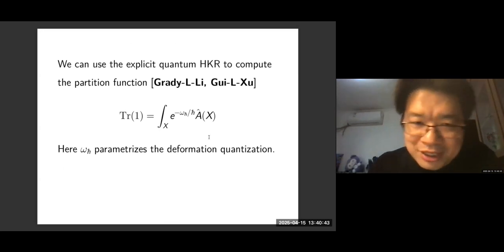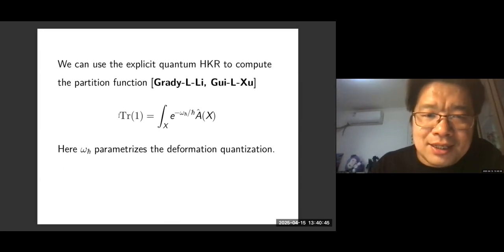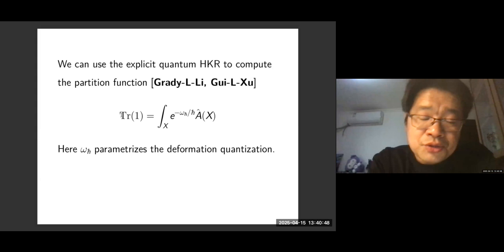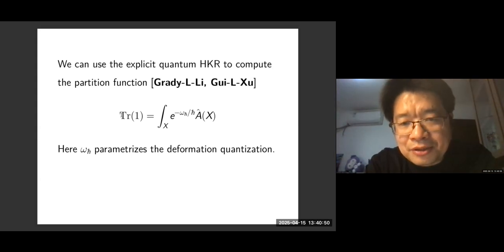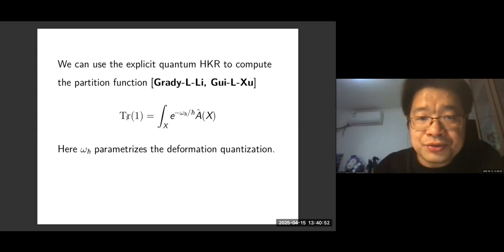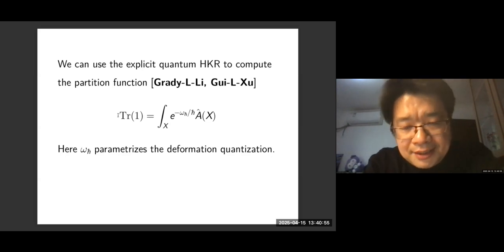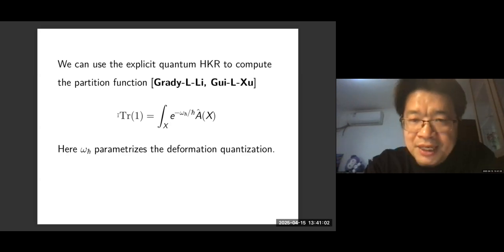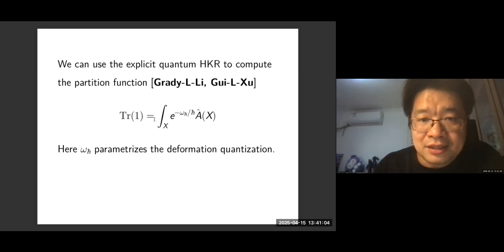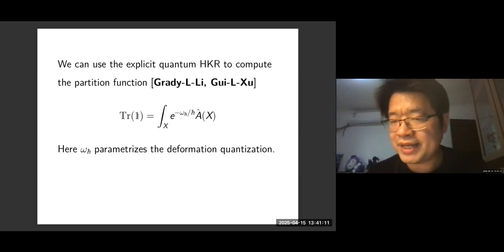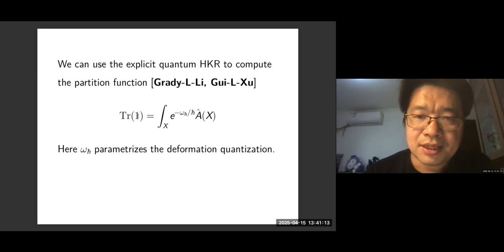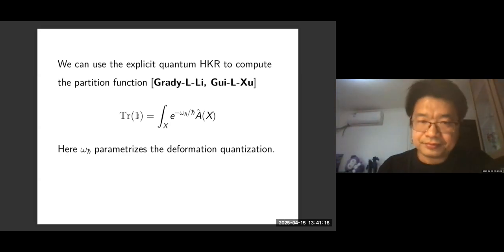Then once you have a trace map, let's compute trace one. Trace one in physics is related to the partition function, and this trace one basically models this partition function for a topological quantum mechanical system on the symplectic manifold X. And you can calculate this partition function, trace one, using a BV analog of this localization argument.